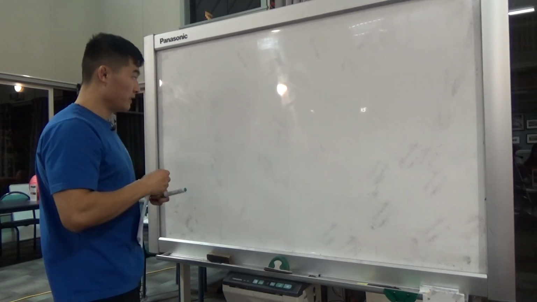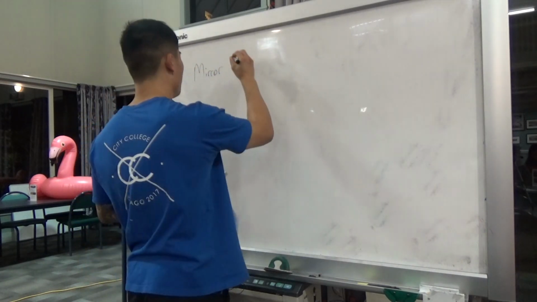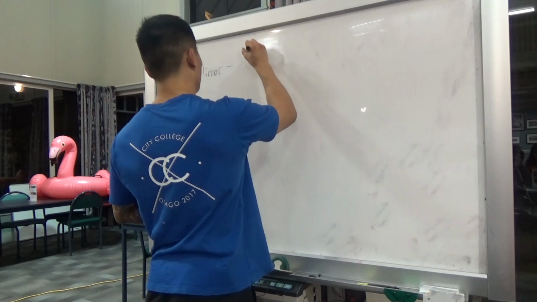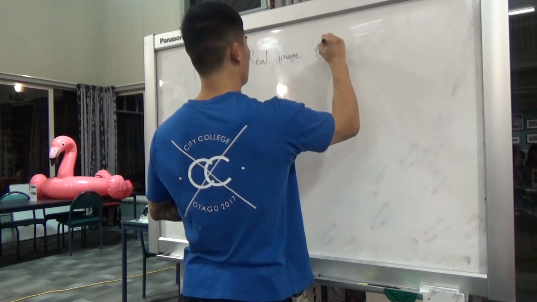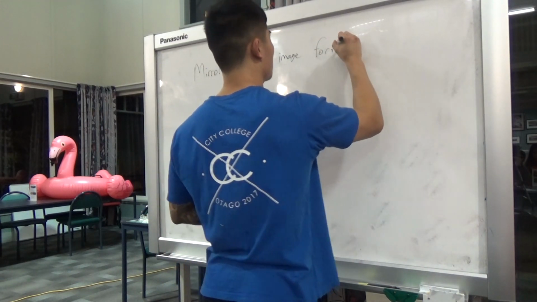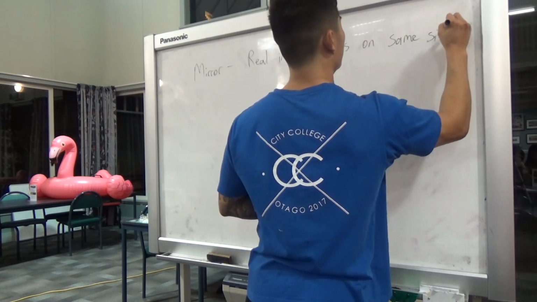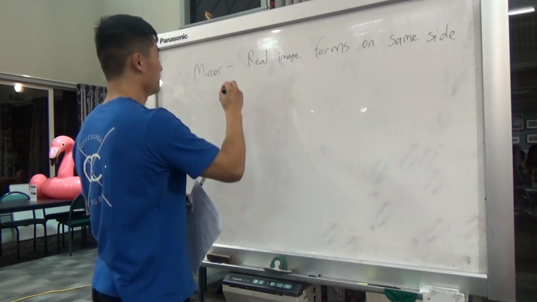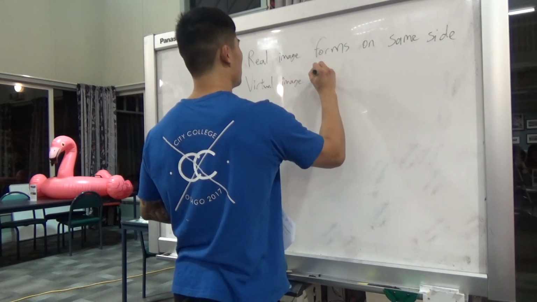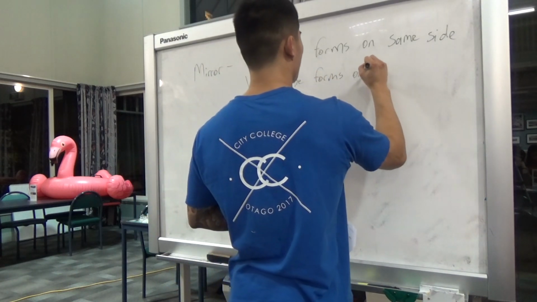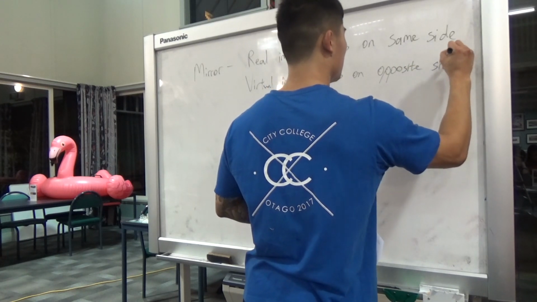So for a mirror, a real image forms on the same side as the object, and a virtual image forms on the opposite side as the object.